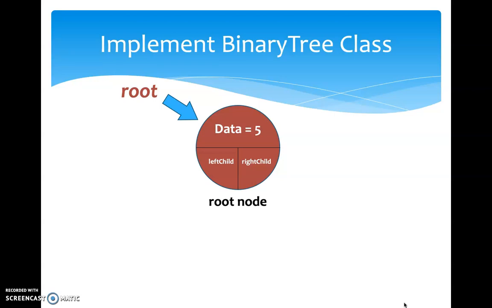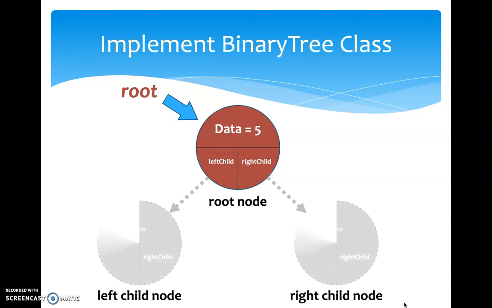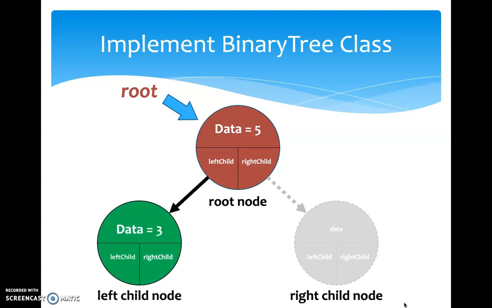As shown on the screen, the root node of the binary tree holds value 5. We take the root node as the current node and compare the new node to the current node. Assume that the value in the new node is 3.